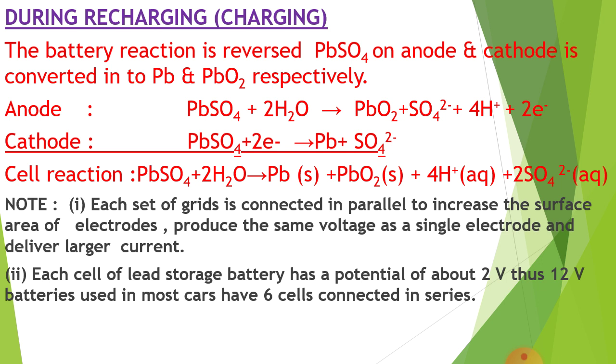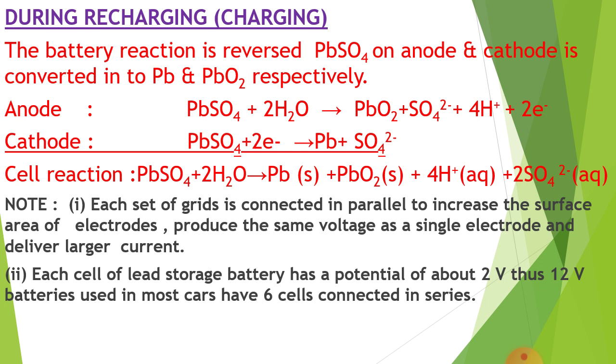Anode: PbSO4 plus 2 water changes into PbO2 plus SO4 2- plus 4H+ plus 2 electrons. Cathode: PbSO4 plus 2 electrons gives Pb plus SO4 2-. The cell reaction is 2 PbSO4 plus 2 water gives Pb plus PbO2 plus 4H+ plus 2 SO4 2-. So this reaction is just the reverse of discharging.